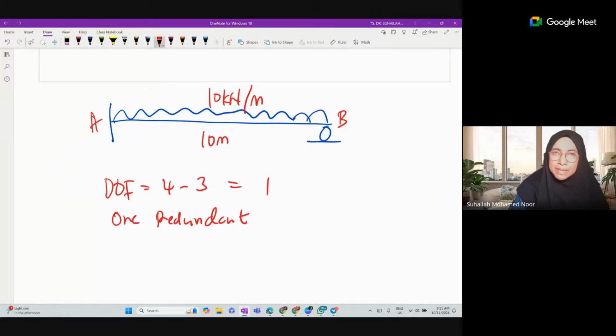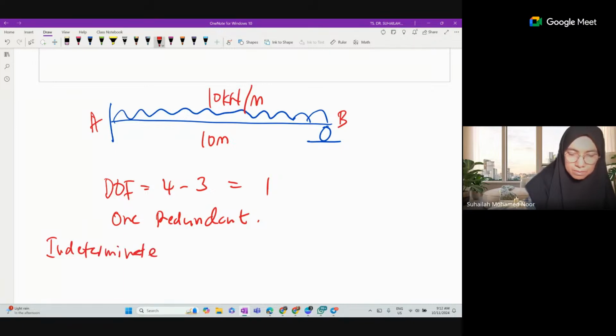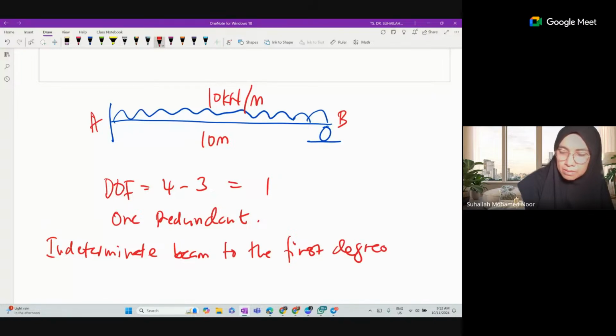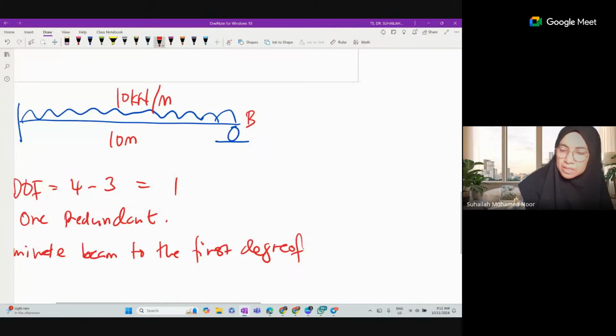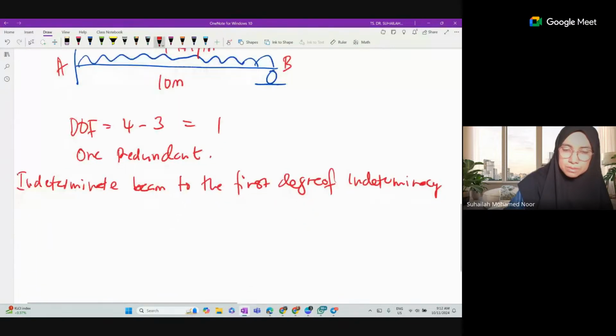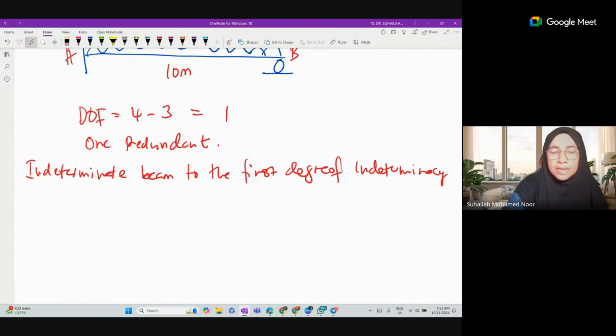The beam can be called an indeterminate beam to the first degree of indeterminacy. You can have this in your OneNote as well. So this is one redundant, and this beam is indeterminate to the first degree of indeterminacy.